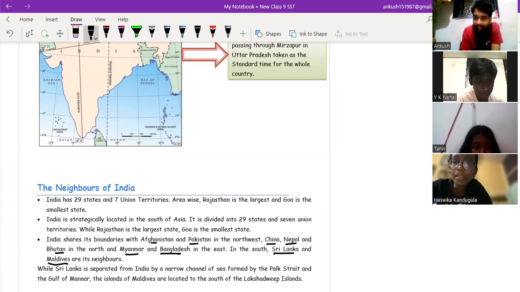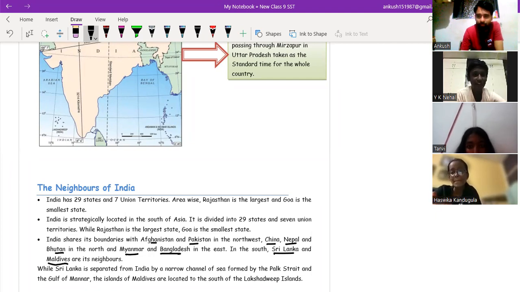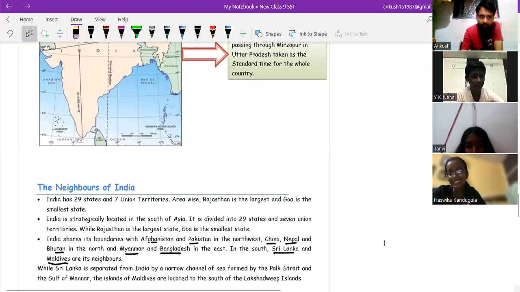Sir, Lakshadweep is in the Arabian Sea. Sir, I thought Andaman and Nicobar. Andaman and Nicobar is in the Bay of Bengal, beta. Lakshadweep is in the Arabian Sea. Have you got it? Yes, sir. I hope you are not confused now.